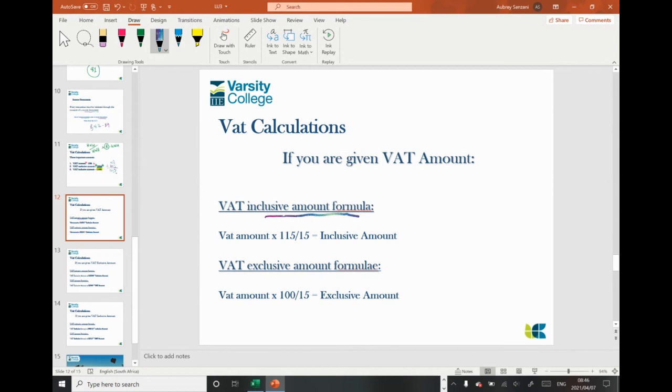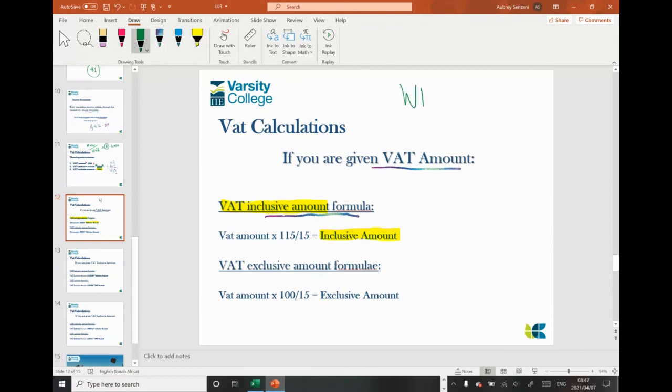If you're given the VAT amount, and they tell you that is 200 rand, to work out the VAT exclusive amount, we simply say, okay, what do I want?